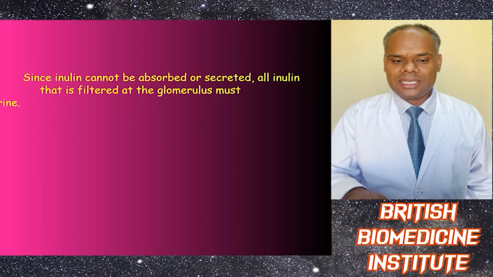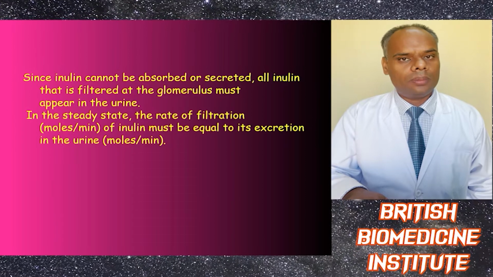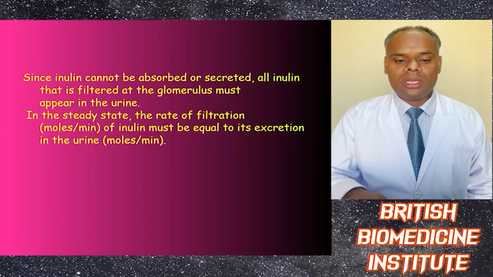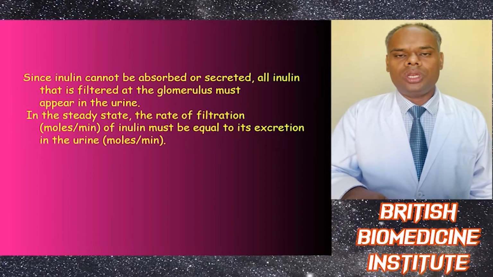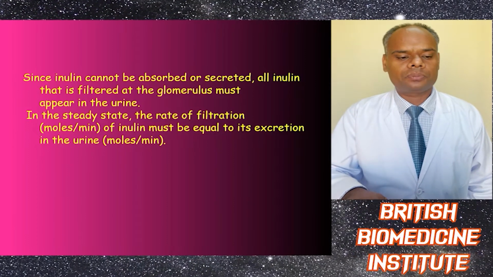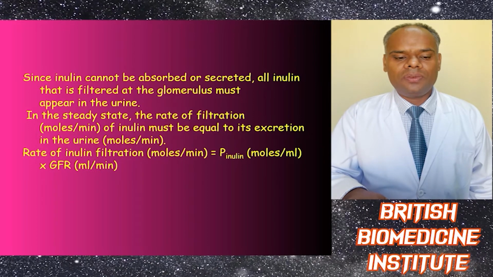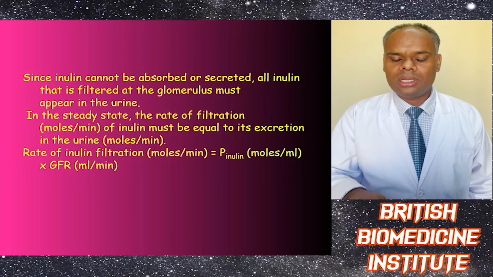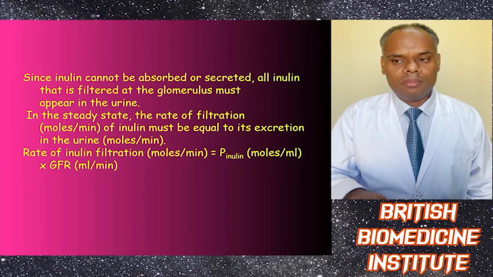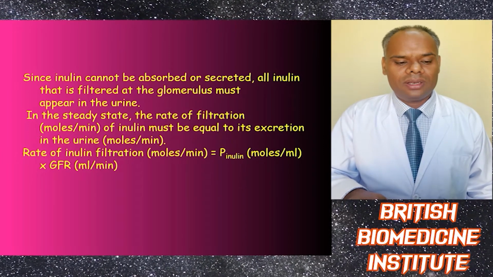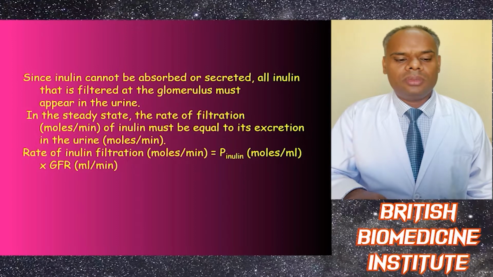In the steady state, the rate of filtration of inulin in moles per minute must be equal to its excretion in the urine in moles per minute. The rate of inulin filtration equals P inulin multiplied by GFR, in milliliters per minute.